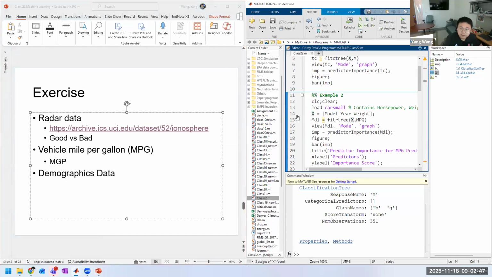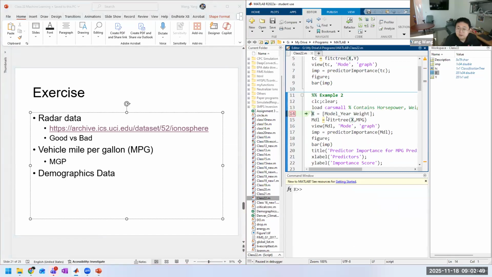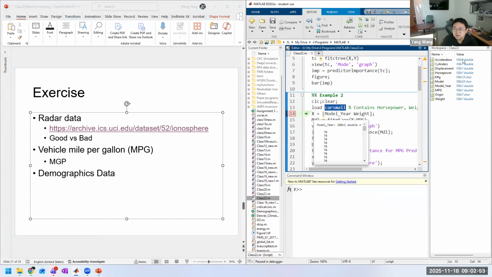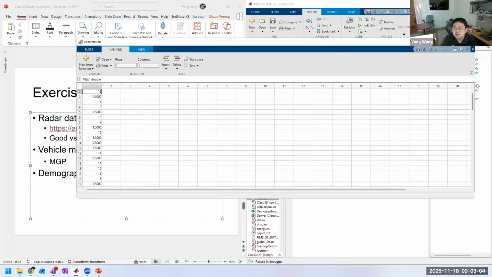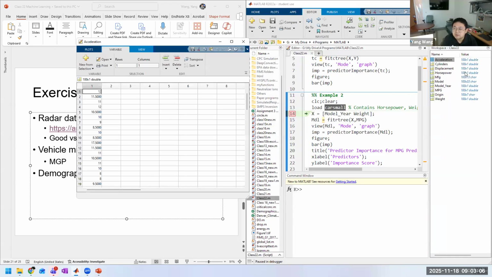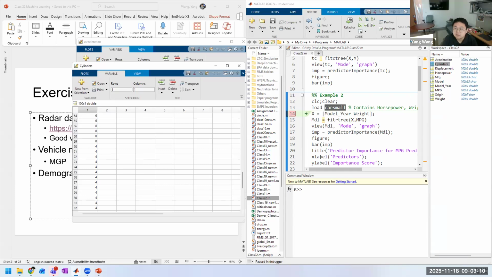So we can load our data. This is the carsmall data, which is an original data set in MATLAB. You can see we have different parameters or features. We have acceleration of the vehicle. We have the cylinders, how many cylinders the vehicle has, so 8-cylinder, 4-cylinder.